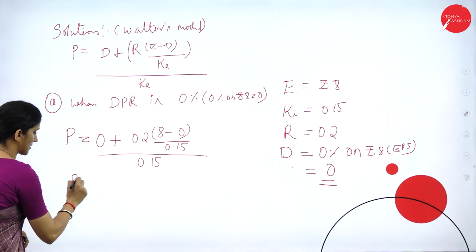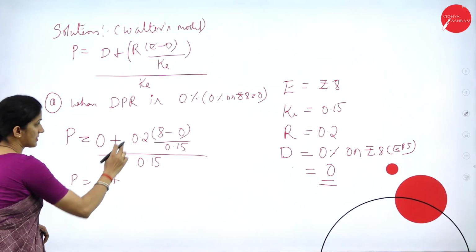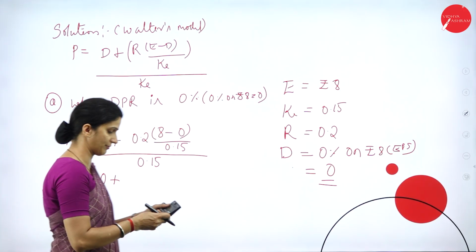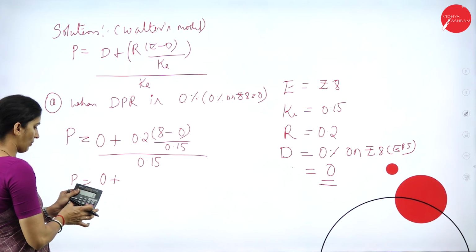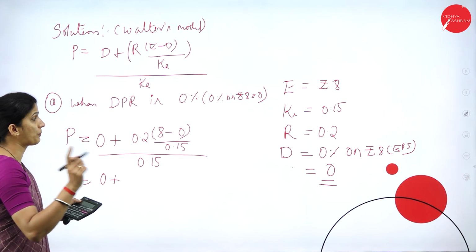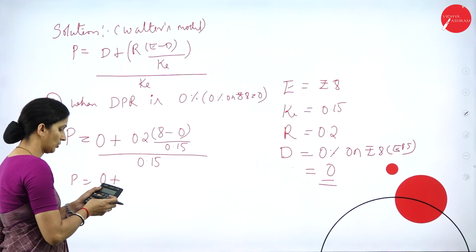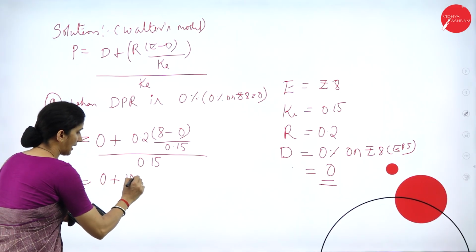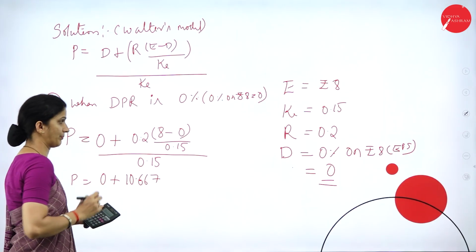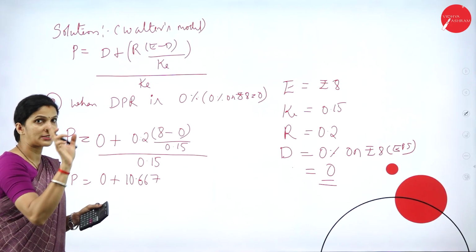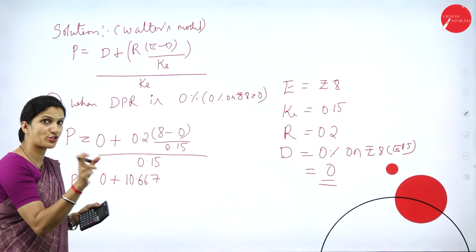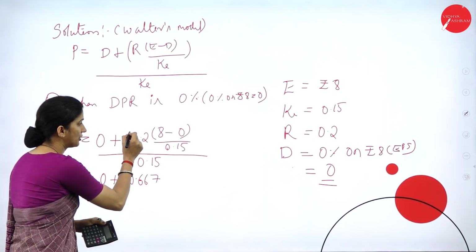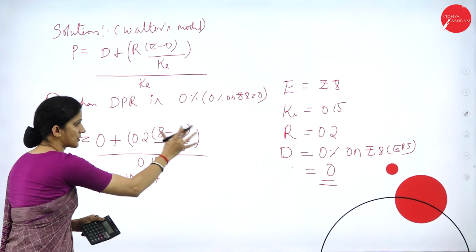Now we'll simplify this. The 0 stays as it is, plus 8 minus 0, which is 8, divided by 0.15. So 8 divided by 0.15 is 53.33, into 0.2. So we are getting 10.667. First we simplify this section.